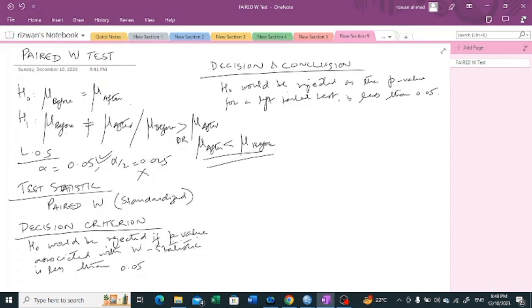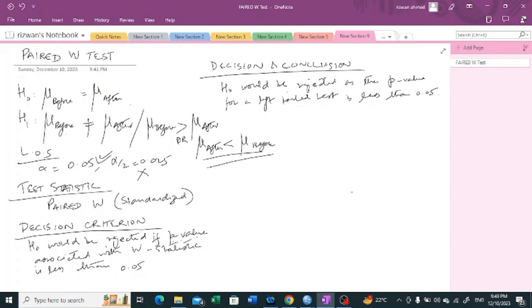Okay, and the conclusion we can write down as: since the p-value corresponding to the W statistic is less than 0.05, therefore H naught is rejected, and it can be concluded that the program is effective in reducing cholesterol level.